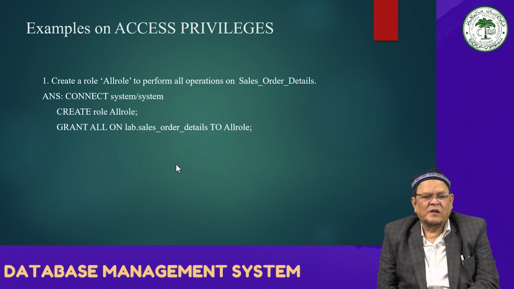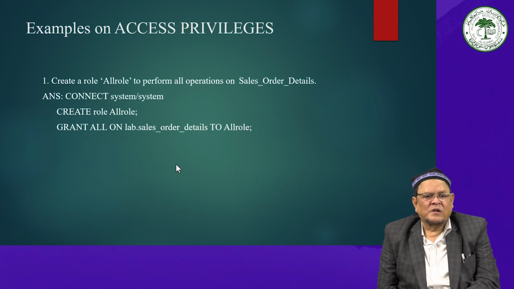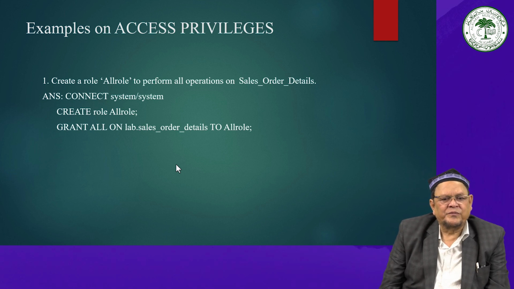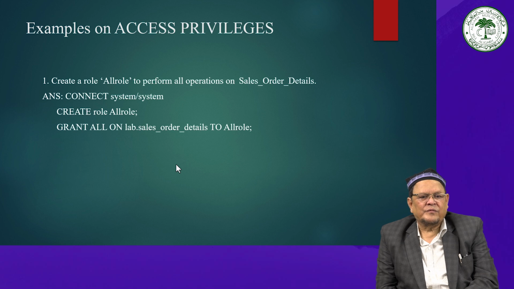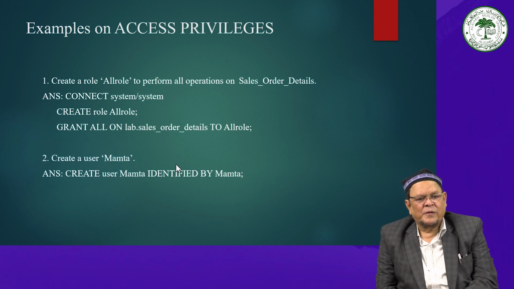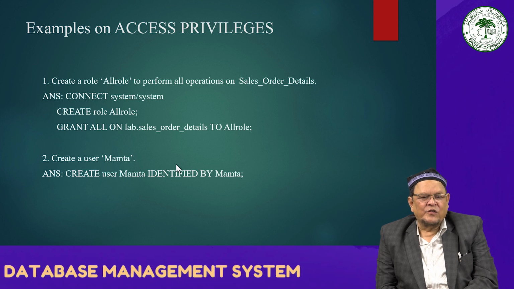You have to write connect system, create role all role, grant all on lab.sales_order_detail to all role. Create user Mamta: create user Mamta identified by Mamta. So by that you can create a user.